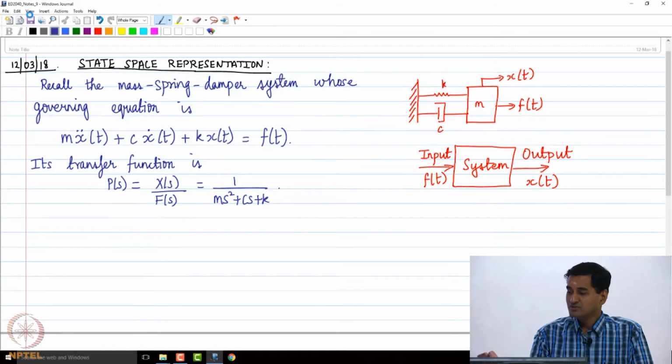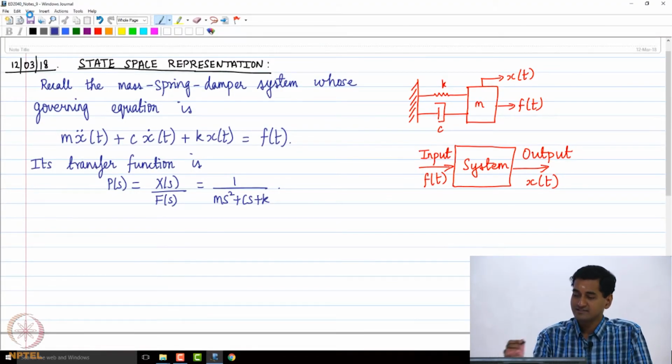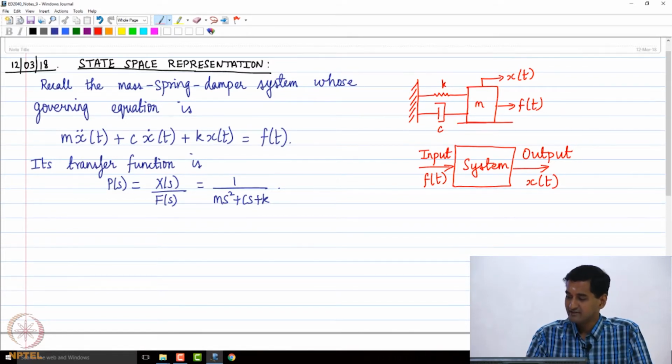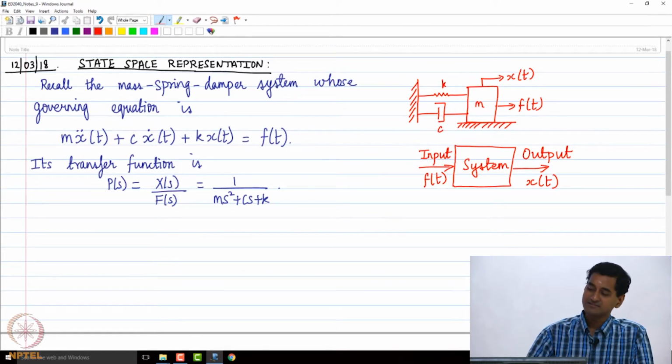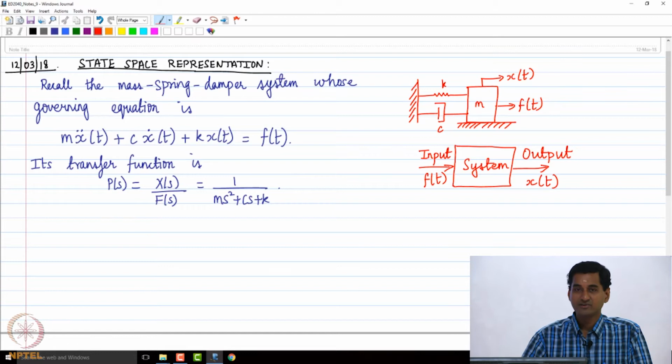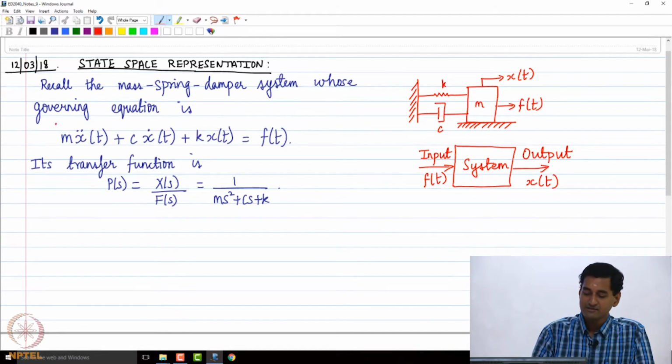Okay, so let's start with an example so that we continue from where we left off. Let's say I have a mass spring damper system, which we are already familiar with, and we already know that the governing equation of the mass spring damper system is m x double dot plus c x dot plus k x equals f of t.